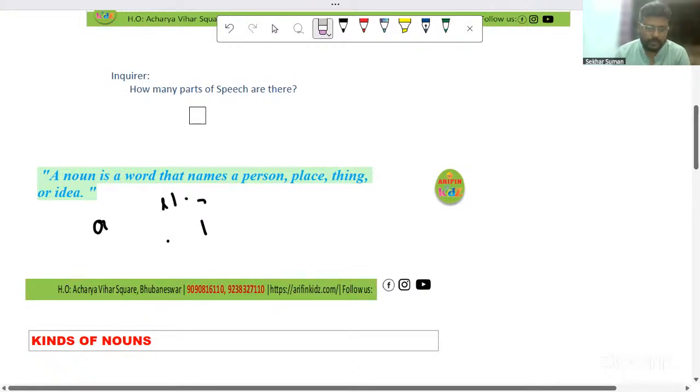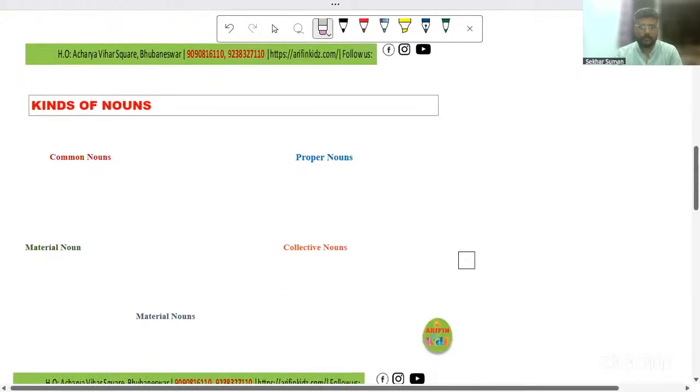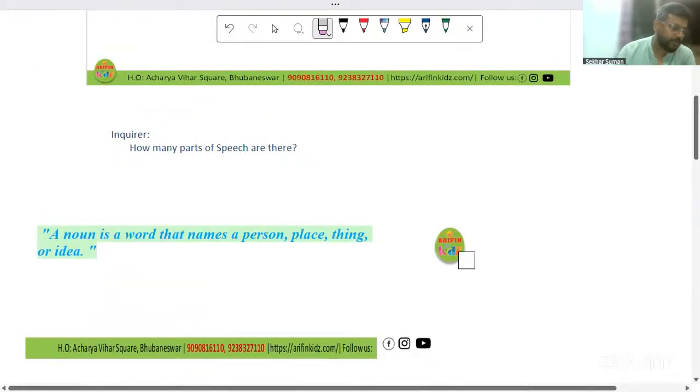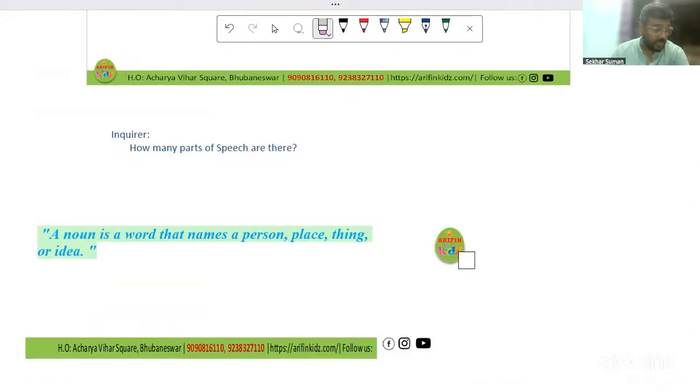Let's go ahead. Before I go through the different kinds of nouns, can you please tell me how many kinds of nouns there are? There are 5 types of nouns, right?